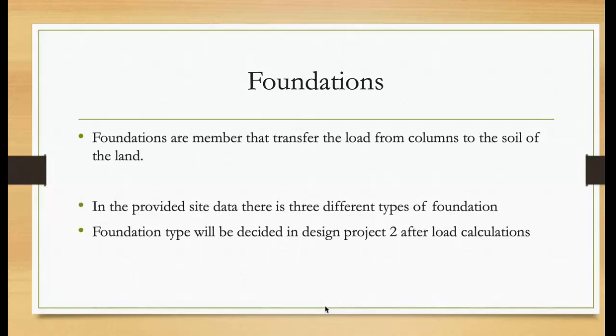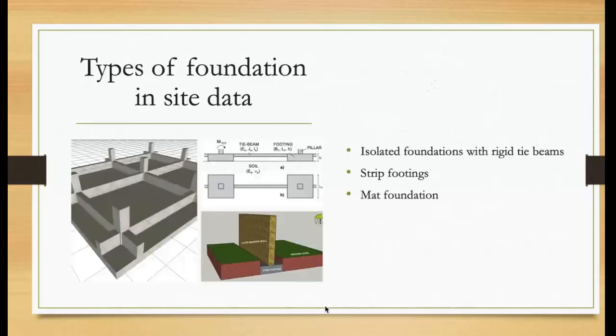In the provided site data, there are 3 different types of foundation. The foundation type will be decided in Design Project 2 after the load calculations. And the 3 possible types of foundation that will be constructed in our design are isolated foundation with rigid tie beams.